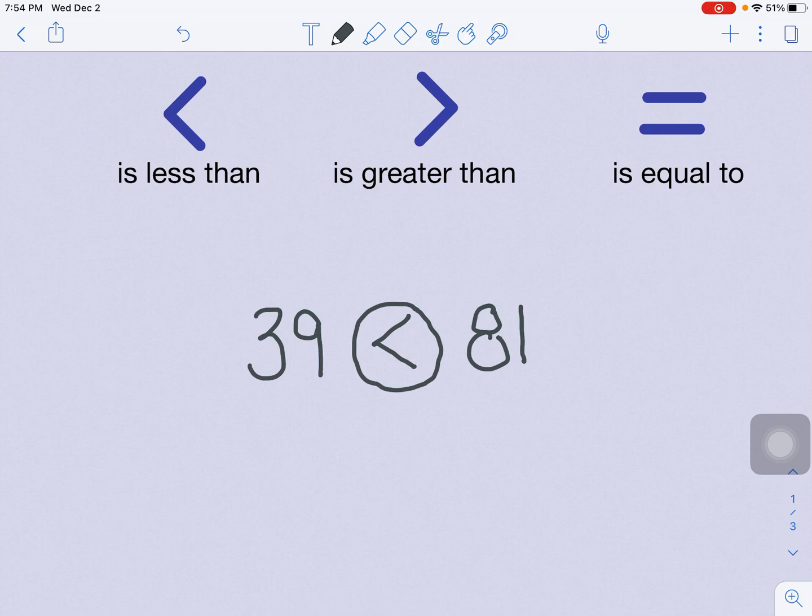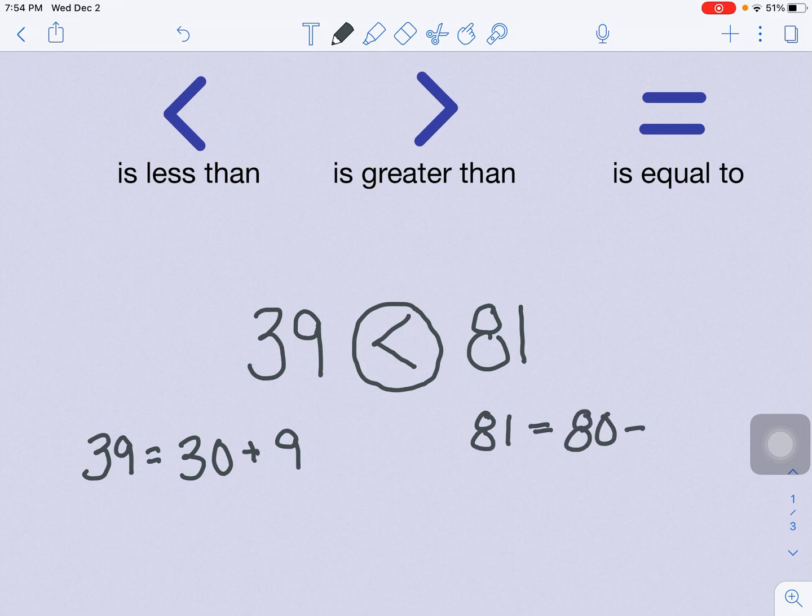Some students have told me that they know that 39 equals 30 plus 9. So that's another way that they know what 39 would look like, where 81 they know is equal to 80 plus 1. Some other students might find it helpful if you draw these out in tens.